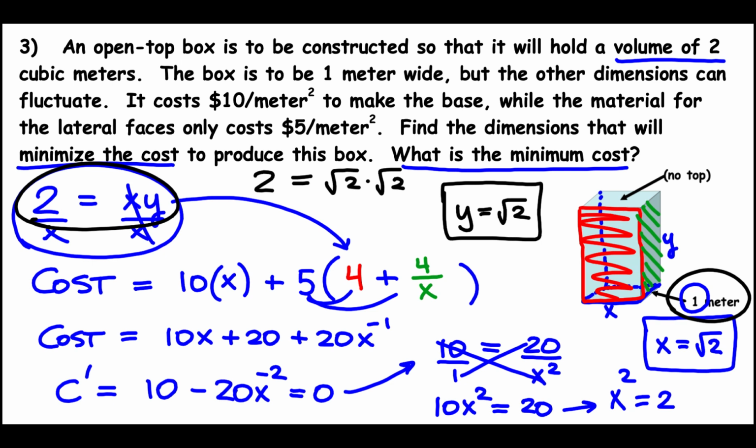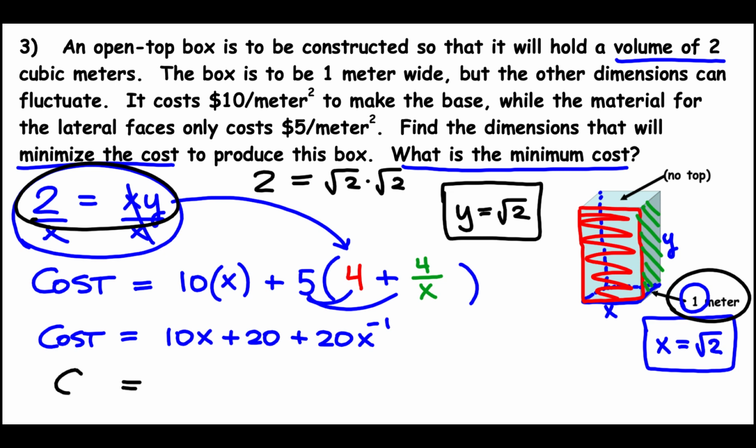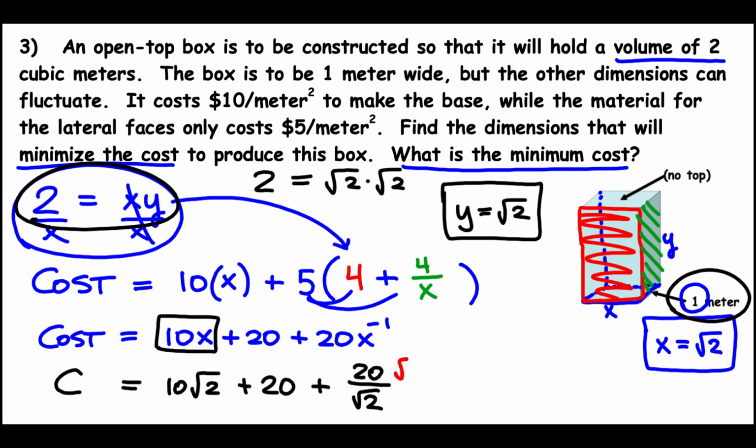And then finally it says, what is the minimum cost? Well, we can just use the cost formula. I'll clear out some room. Let's see, 10 radical 2 plus 20 plus 20 over square root of 2. Well, 20 over square root of 2 is going to be another 10 rad 2. Do a little bit of algebra 2.